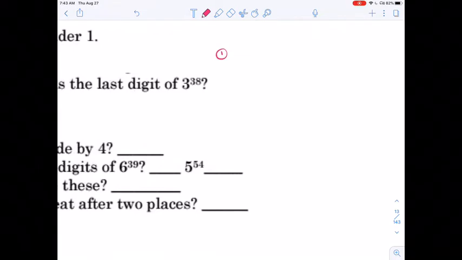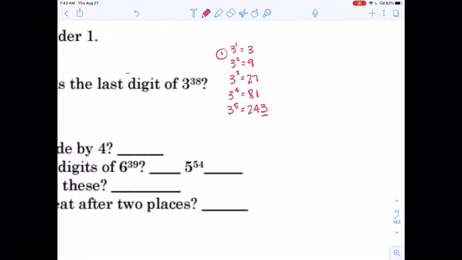Okay, so 3 to the first is 3. 3 squared is 9. 3 cubed is 27. 3 to the fourth is 81. Remember, we're looking for that repeater. And 3 to the fifth is 243. So the minute that I see that 3 roll back around, this pattern's going to repeat.